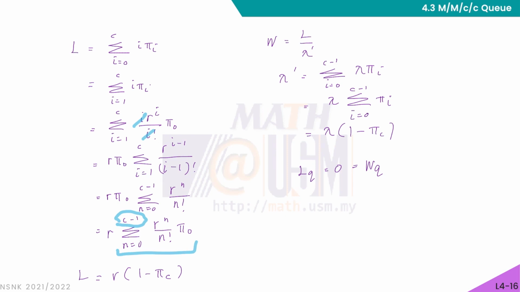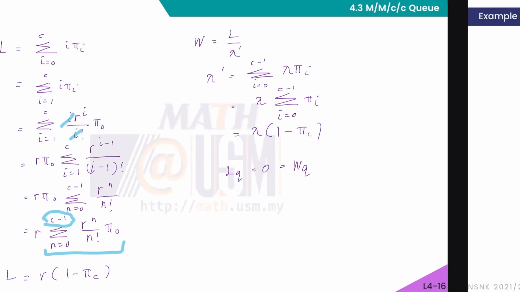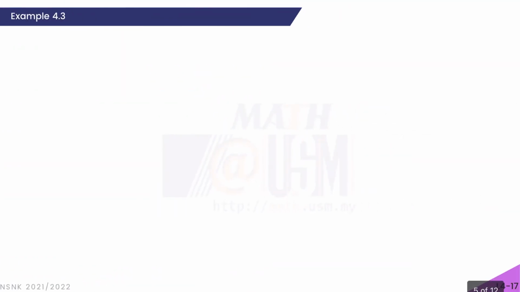Now that we have determined all of our measures of effectiveness for M/M/c/c queue, we can move on to look at example 4.3. In example 4.3, you are given lambda equals 6, mu equals 3, c equals 4.